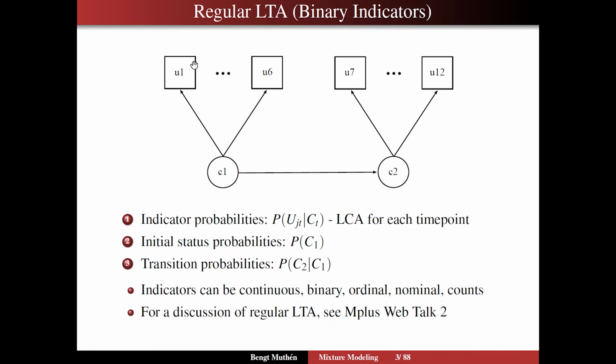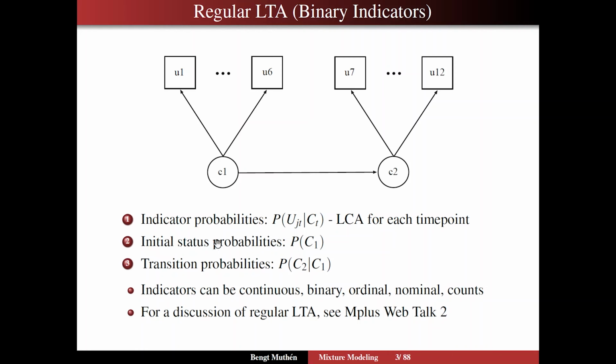That is, the probability of this being 1 instead of 0 for class 1 and for class 2, etc. Those probabilities show the strength of relationship between the class and the indicator, and in Mplus we parameterize that as a threshold.